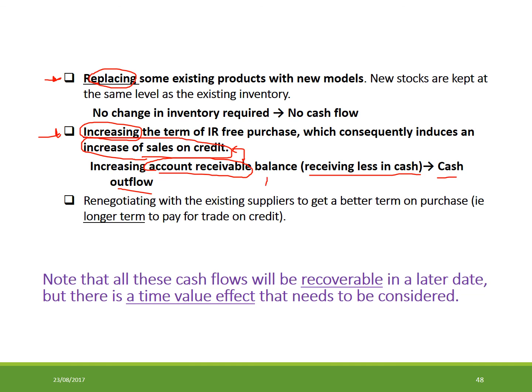So for example, we make $10,000 in sales. If $2,000 out of this $10,000 is sales on credit, it means that we don't receive this $2,000 in cash, right? So in our calculation of the free cash flow, we therefore have to minus this $2,000 from our sales, to recognize that this is not a cash item, right?